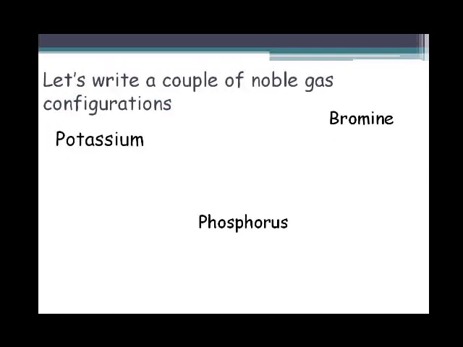Let's look at some more. Potassium. Potassium has 19 electrons. The two noble gases, according to the periodic table, that are near potassium are argon, that has 18 electrons, and krypton, which has 36 electrons. Argon would be the closest noble gas without going over.